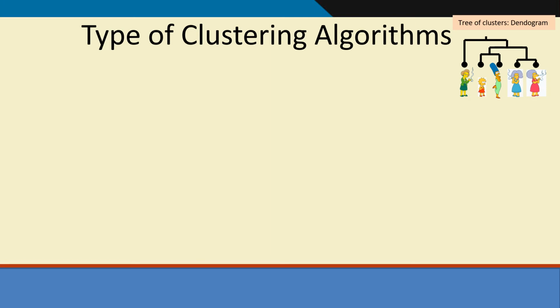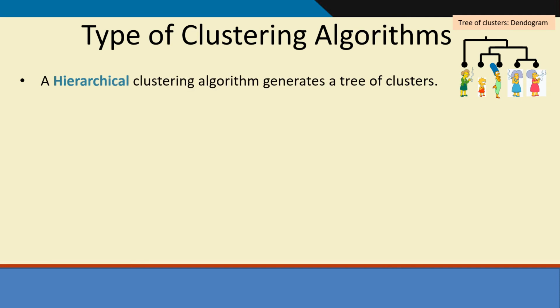A hierarchical clustering algorithm generates a tree of clusters. We have two types of hierarchical clustering, agglomerative and divisive. In agglomerative, we start with every point as a cluster in itself, and we start merging these points to make larger and larger clusters until a stopping criterion is met, or until every point has come into one large cluster.